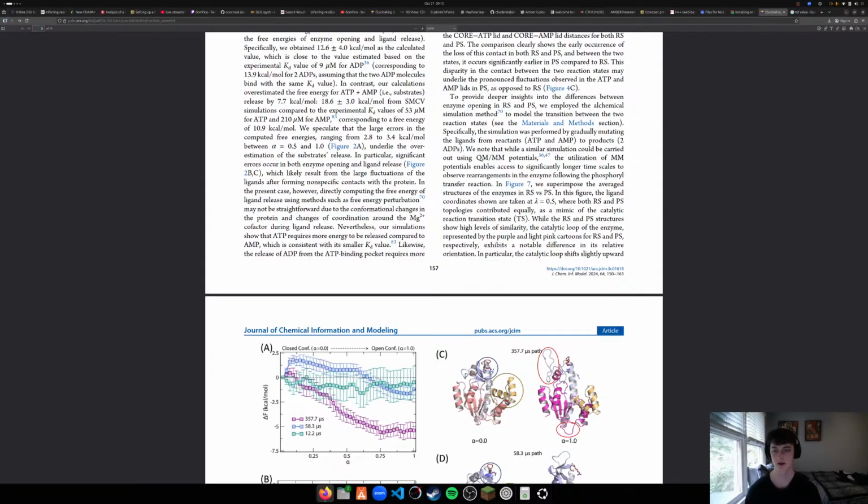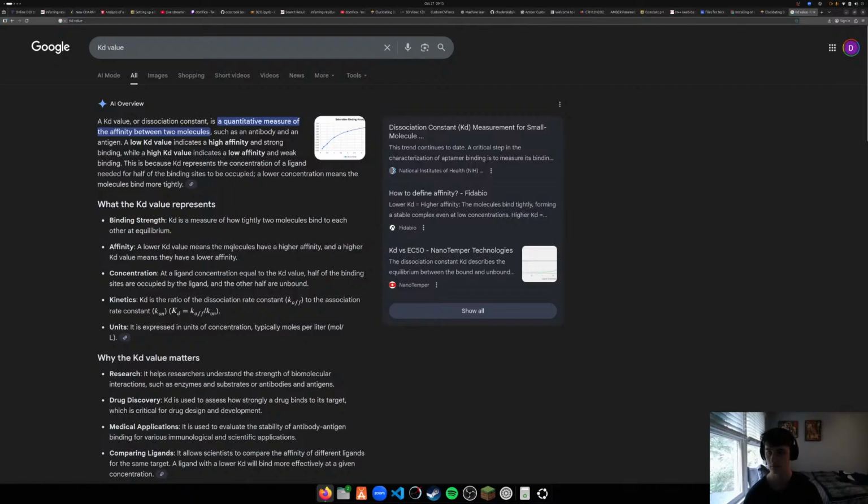So ATP has a higher affinity than AMP, because AMP has a... ATP has a higher KD. No, a lower KD, right? Yeah.